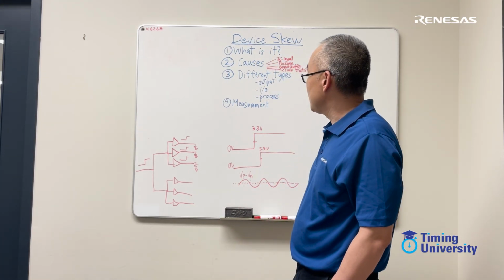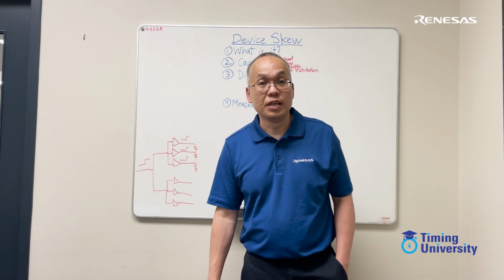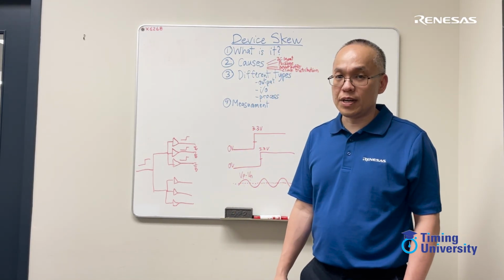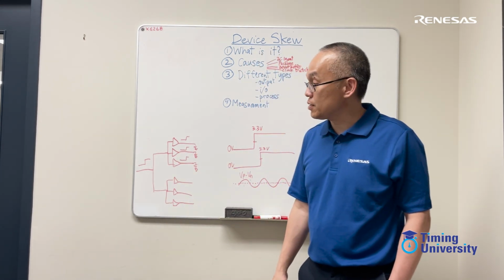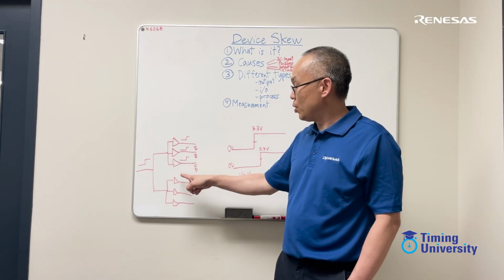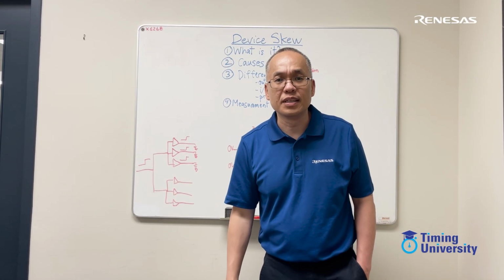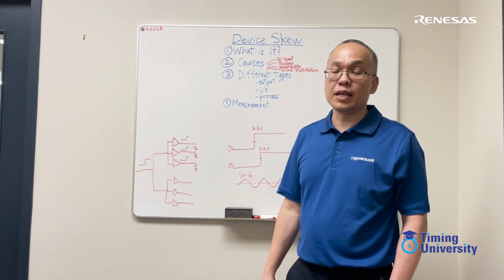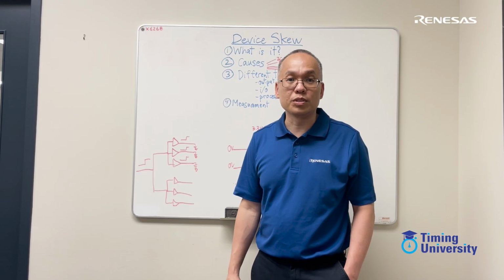The last one is process skew. In process skew, we're talking about multiple devices. Here, this is just one device. If you have multiple devices, you'd be looking at the worst case output of one device versus the worst case output of another device. So basically, you're looking at the process variation of the manufacturing process.